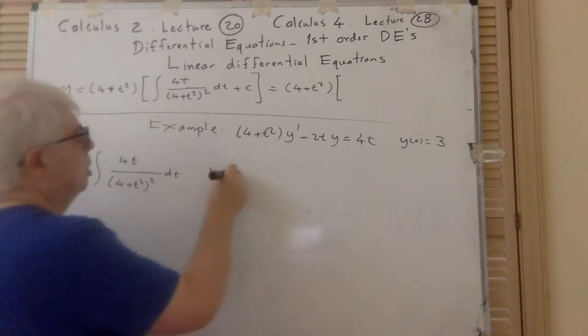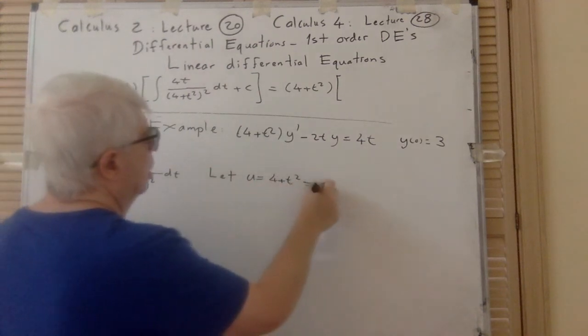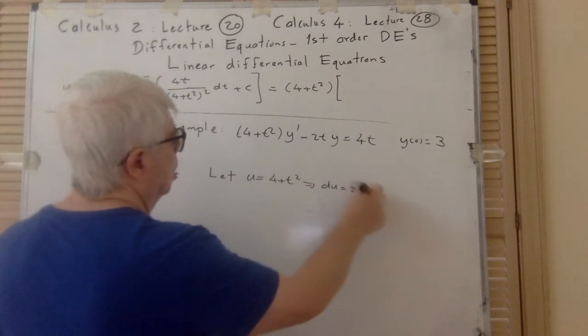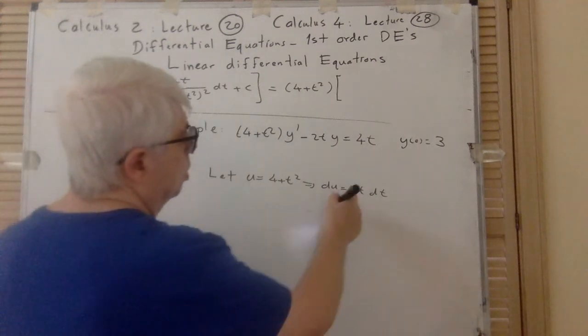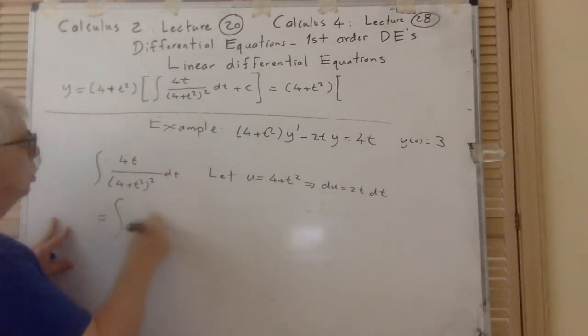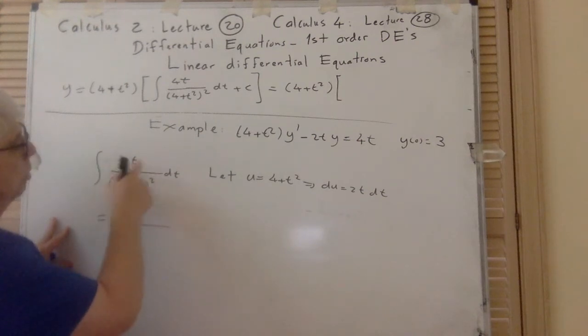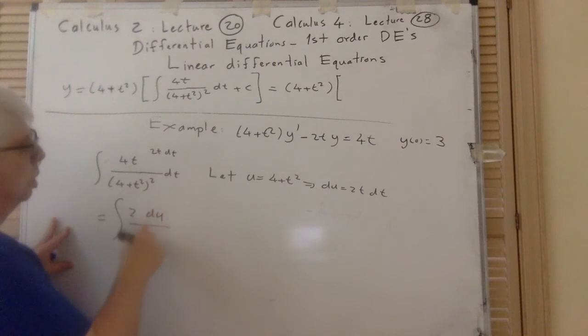If I let u be 4 plus t squared, then 2t dt is du, and the denominator is u squared.